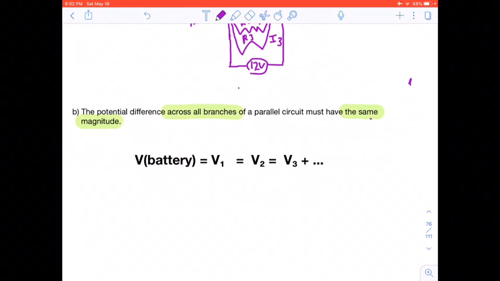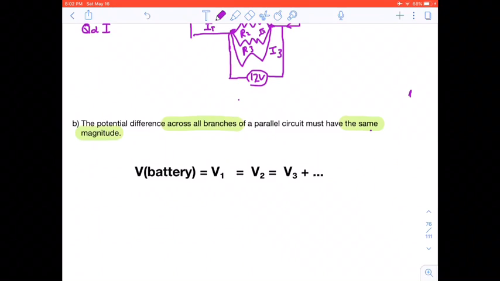Right, now here we said the potential difference across all branches of a parallel circuit must have the same magnitude, right? So yes, they have the same magnitude, which means that in this case, V1, across resistor 1, is equal to V2, which is the voltage across resistor 2, and V3 is the voltage across resistor 3.